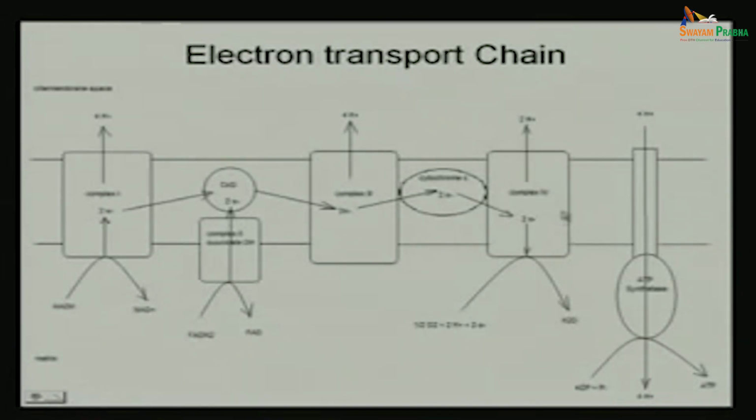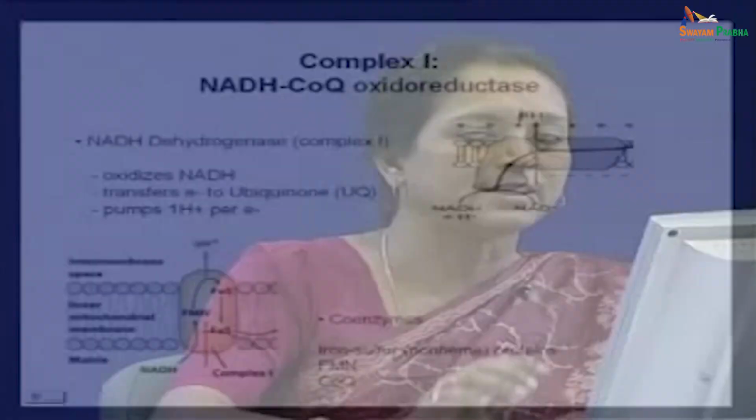That means when this electron transport chain is completed, ATP synthesis is coupled to it. Oxidation and phosphorylation are simultaneously taking place within the cell, and thus it is called the oxidative phosphorylation process. With the completion of oxidative phosphorylation, we get the net production of ATP in the cell.